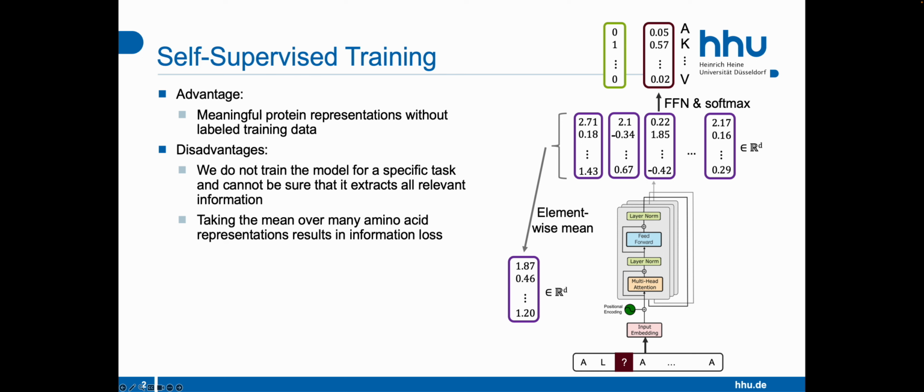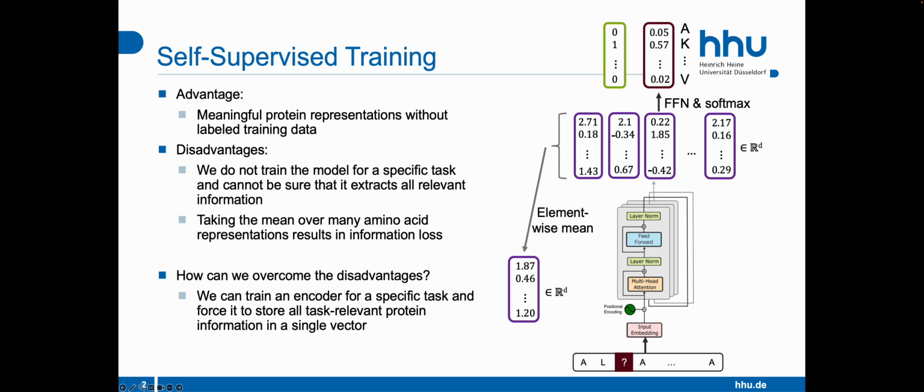A further disadvantage is that simply taking the element-wise mean of hundreds of amino acid vectors results in information loss. Specific details about the sequence, such as the exact order or local patterns, might not explicitly be captured in the average representation, even if this information is relevant for the prediction task.